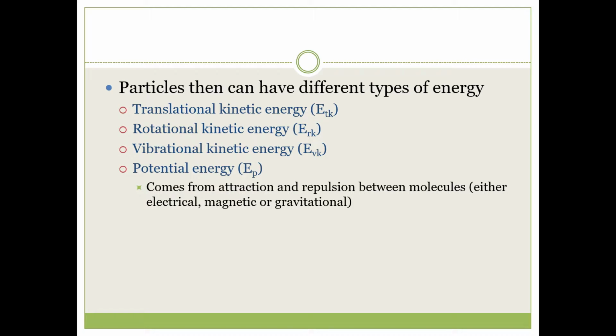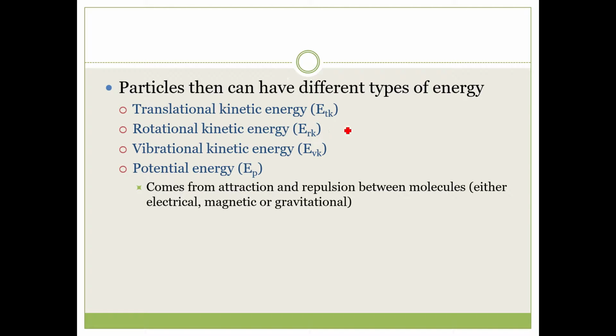It can also come from attraction and repulsion of magnetic forces, so if things have a magnetic field, they can repel or attract each other. And gravitational forces, which if you take Physics 12, you will learn all about how everything is attracted to everything else through gravity. So those are ways that an object can have potential energy.